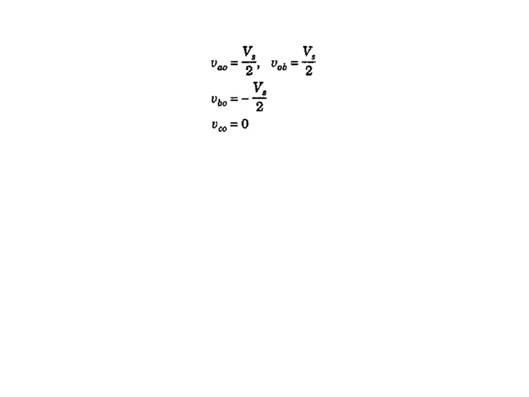VA0 is equal to Vs divided by 2, VB0 is equal to minus Vs divided by 2, and VC0 is equal to 0. These voltages are shown in step 1, that is from 0 to 60 degrees.